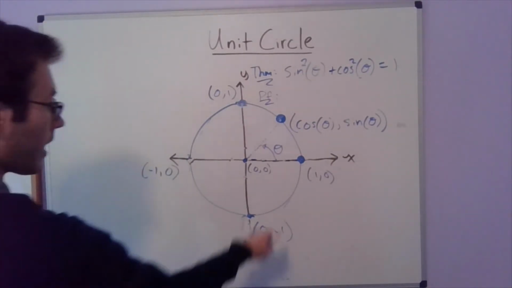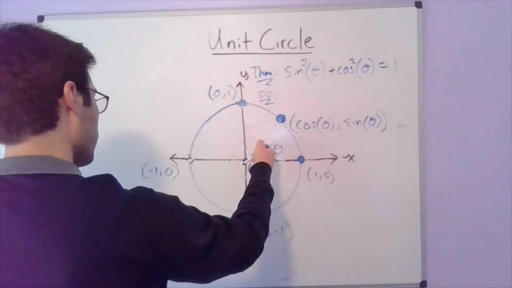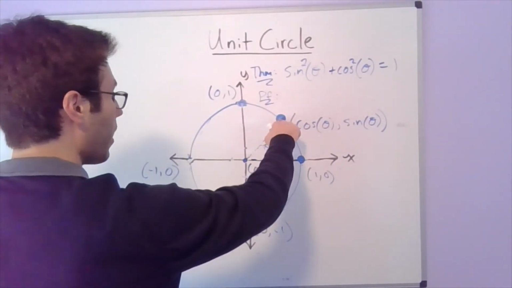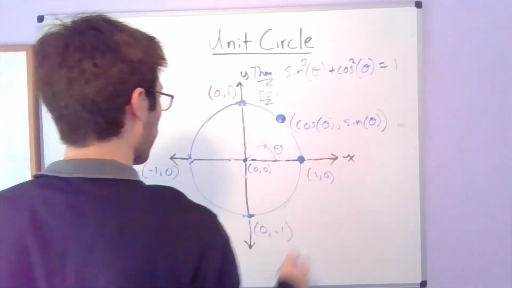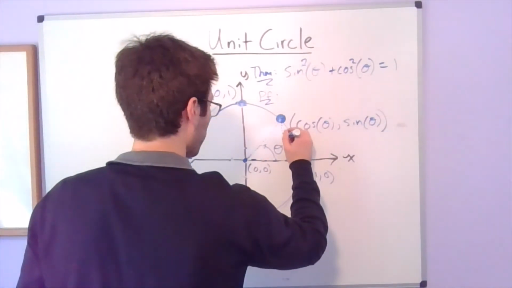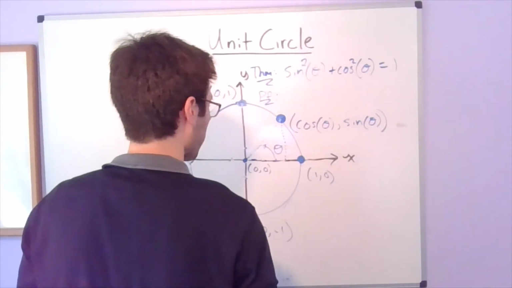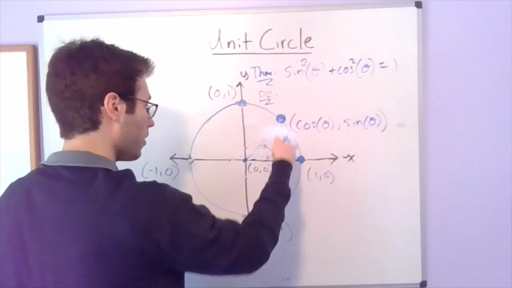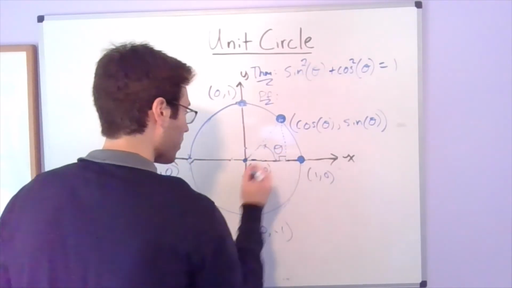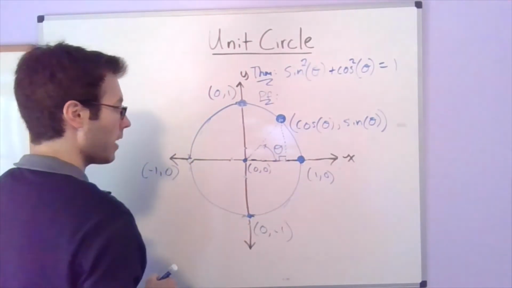If you consider any value for theta, we define cosine theta to be our x-coordinate and sine of theta to be our y-coordinate. If we take a perpendicular line from our point there, we say that's 90 degrees.